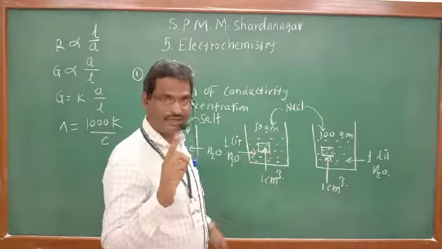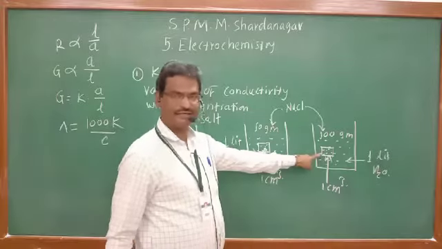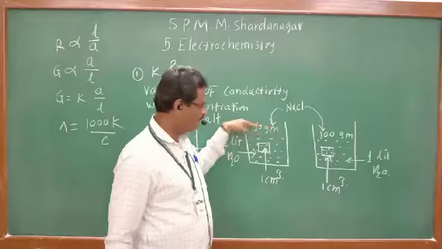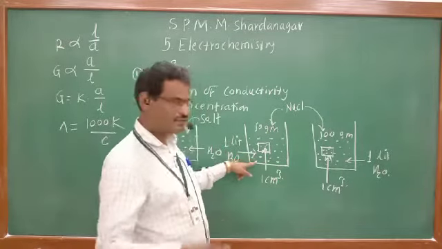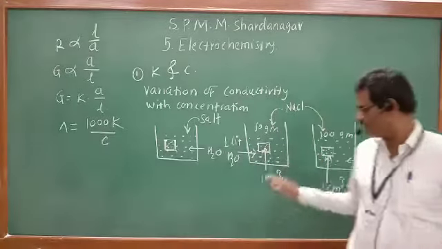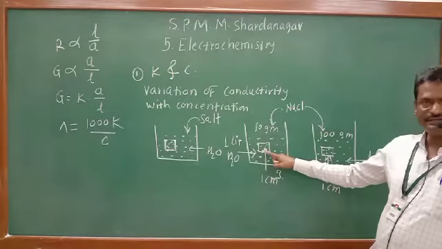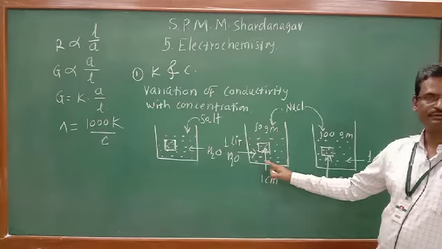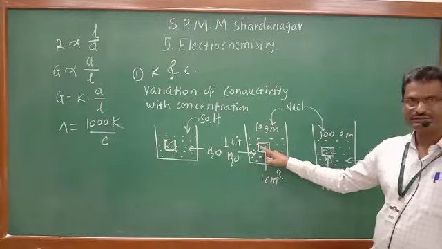In which case is number of ions more? It is in the second case, because here we have taken 100 gram NaCl and here only 10 gram NaCl. Since number of ions in 1 centimeter cube in the second case is greater as compared with the first case, number of ions is greater here, and less there.